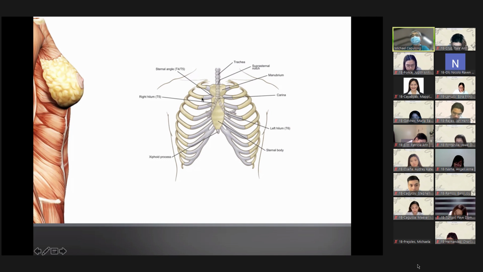Okay. Now, as you go down, you will feel a small diamond-shaped structure. This is your xiphoid process. And so the tip, the edge, the most distal portion of your sternum, which is your xiphoid process.